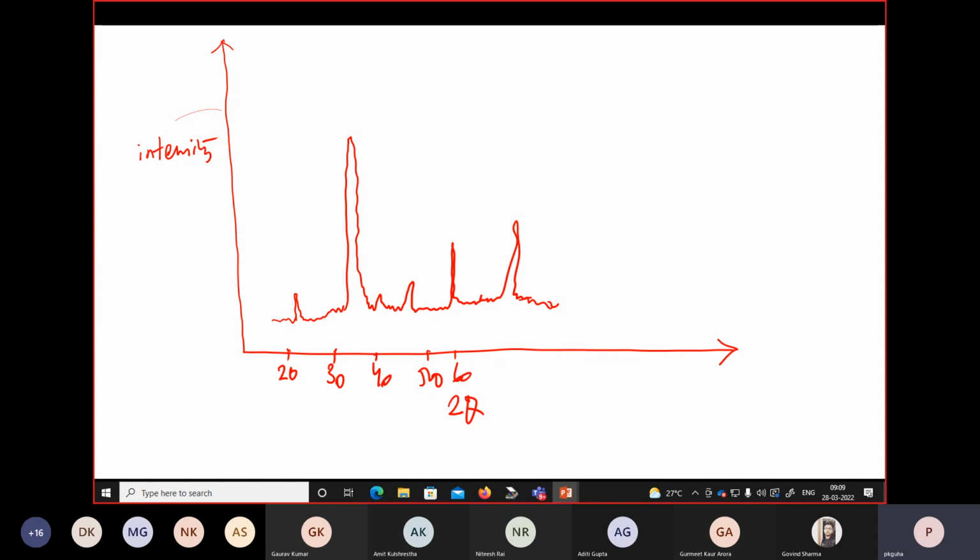Now in crystals, the crystalline plane is represented by Miller indices. So what is Miller indices? Miller indices is basically the reciprocal of intercepts. I don't want to go in that direction, but let me mention it very briefly.